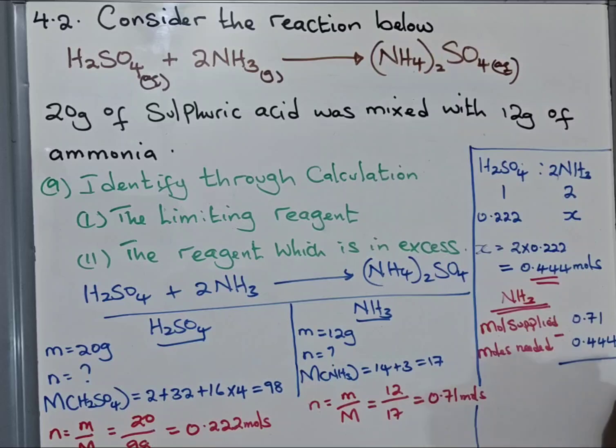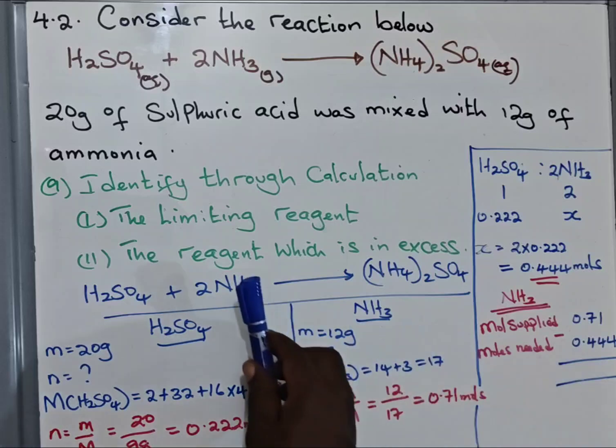The difference is what we use to determine whether ammonia is the excess reagent or the limiting reagent. If the difference is positive, like in this case, it means that ammonia is in excess, that after reaction, there will be some ammonia remaining.